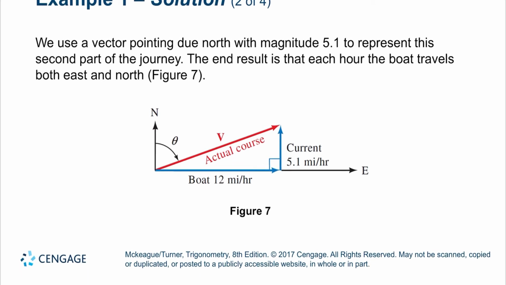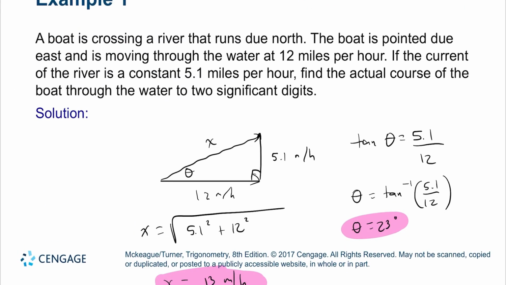But actually they wanted it written as a bearing. So we found this angle, which means we should actually look for this other angle. These two angles are complements of one another, so we can find this angle by finding the complement. The complement of 23 degrees would be 90 minus 23 degrees, which is 67 degrees.